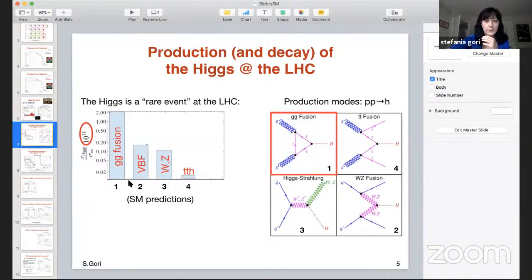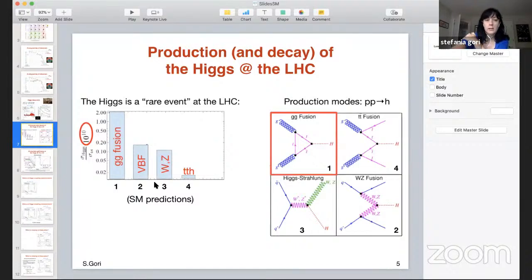In this histogram here, what I'm showing is how many proton-proton collisions we need, something like 10 to the 10, in order to produce a Higgs boson, either in what we call gluon fusion, represented here by this Feynman diagram, where effectively you're taking 2 gluons of the protons that you are colliding to produce a Higgs through this Feynman diagram here. This is the Higgs gluon-gluon one-loop interaction that we just wrote on my iPad.